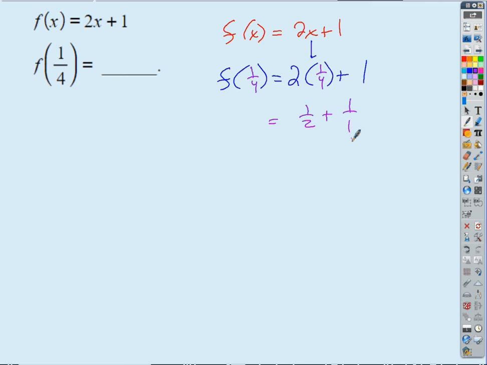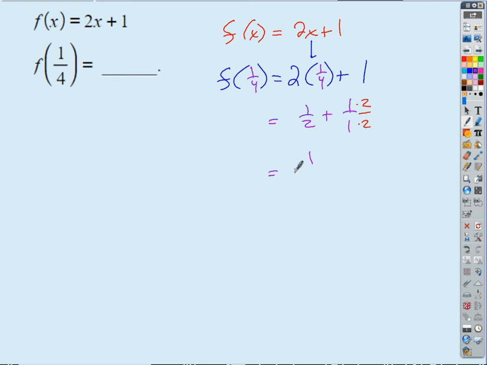When I add or subtract fractions, what do I have to get? A common denominator, right? You gotta have a common denominator to add or subtract fractions. So what's my common denominator gonna be here? 2. So I gotta multiply, this one has a 1 on the bottom, so I gotta multiply both the top and the bottom by 2. And then what's that give me?